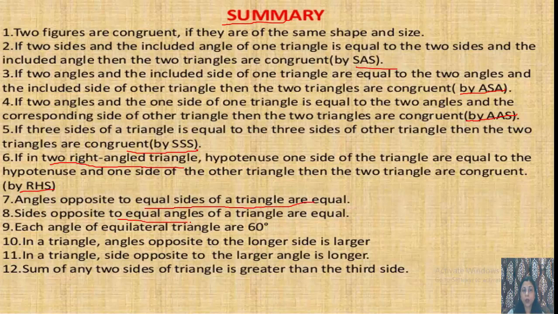Sides opposite to equal angles of a triangle are equal. These are isosceles triangle properties. Each angle of an equilateral triangle are 60 degree. In a triangle, angles opposite to the longer side is larger. In a triangle, side opposite to the larger angle is longer, and sum of any two sides of a triangle is greater than the third side.